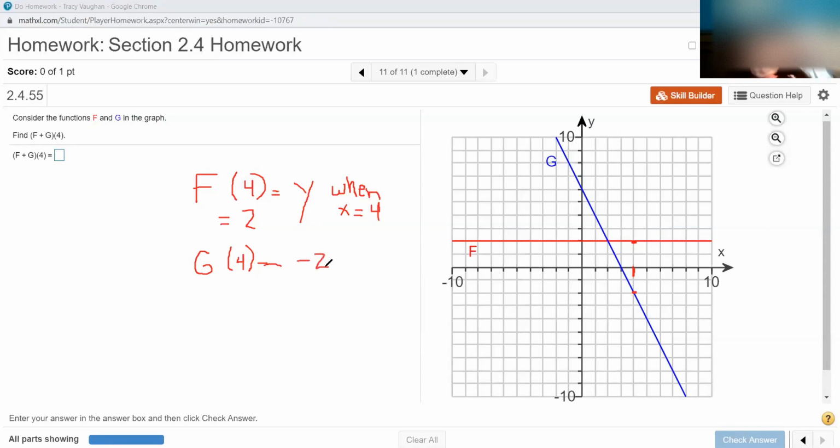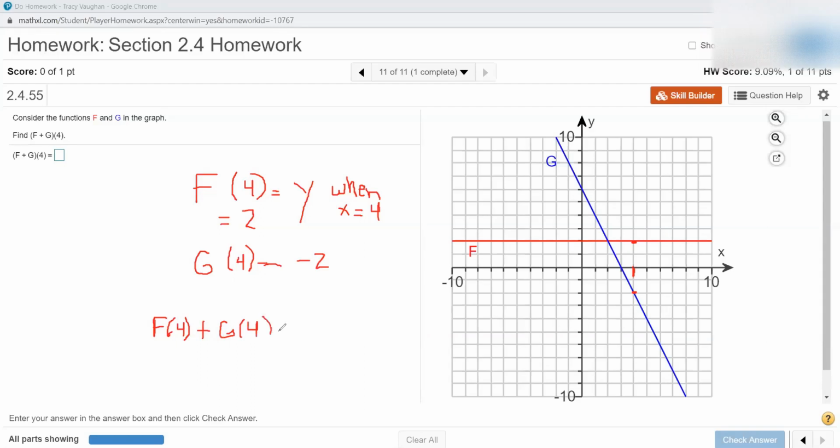Okay. Does everybody see where we got those two values? Yes. All right. So f of 4 plus g of 4 would be what? That's just going to be 2 plus -2.